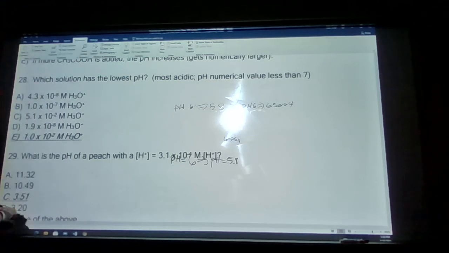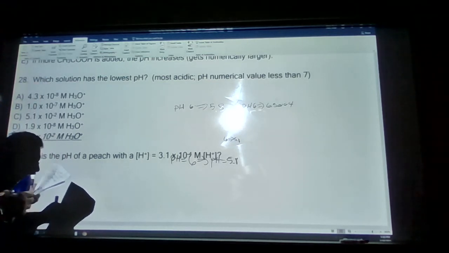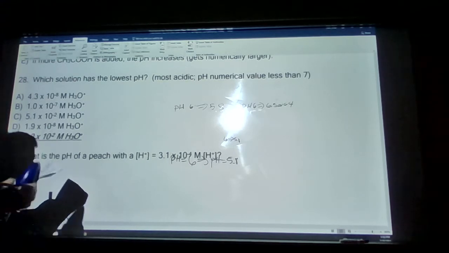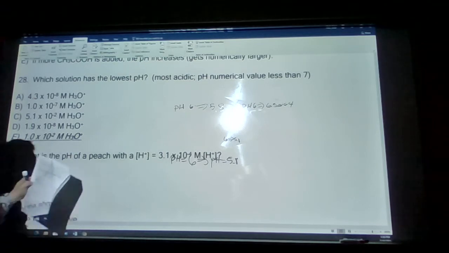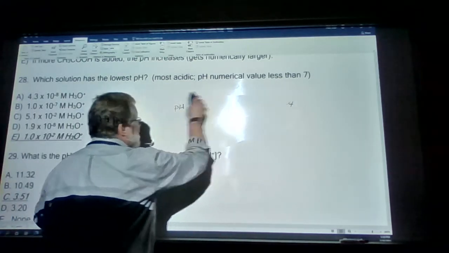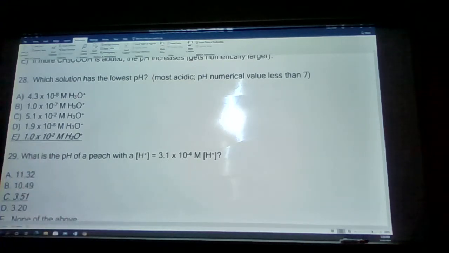Which solution is the most acidic? Most acidic. The pH numerical value of 7 is lower than 7. So which of these has a pH value that is the smallest? Well, we can eliminate some of these right immediately. We can see the exponents on these guys.